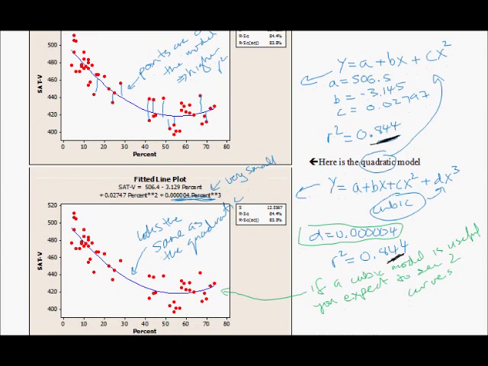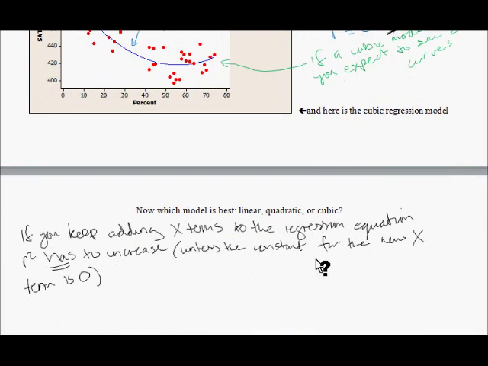So here, knowing that, if we look at our models, which one is the best? Well, it seems like the quadratic is probably the best.